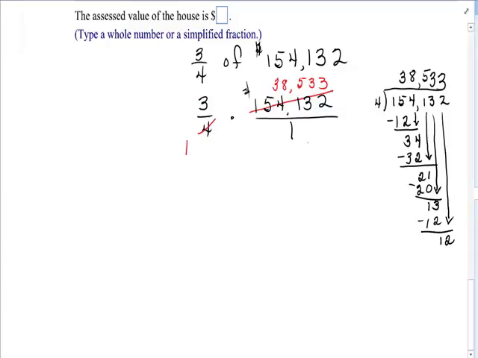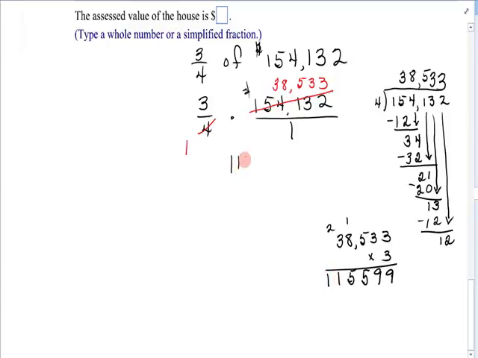So now I multiply the tops and I multiply the bottoms. Multiplying the tops means that I take 38,533, multiply it by the 3. 3 times 3 is 9. 3 times 3 is 9. 3 times 5 is 15. Carry the 1. 3 times 8 is 24, and 1 is 25. Carry the 2. 3 times 3 is 9, plus 2 is 11.